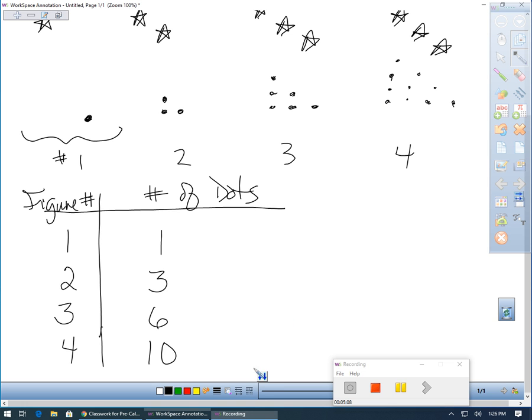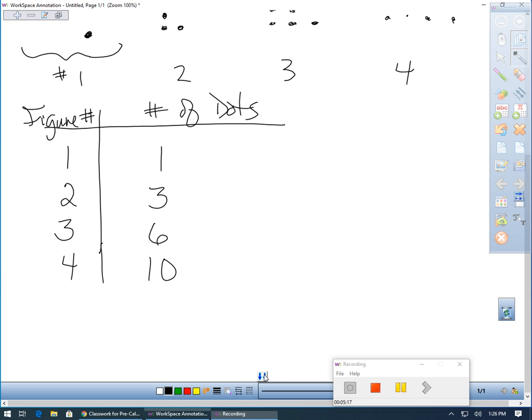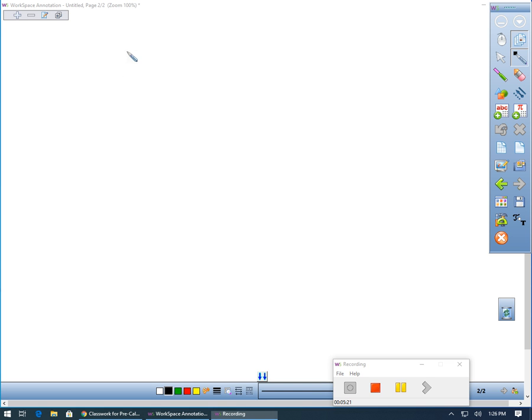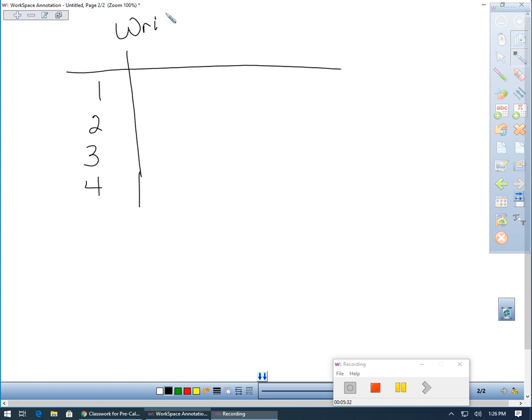Okay, so here's how the process works. Ooh, let's start a new page. Let me work from a table first. So let's say we have 1, 2, 3, 4 over here. Yeah, I want you to make the table. We're going to write an expression, and we're going to talk about the steps to write this expression.